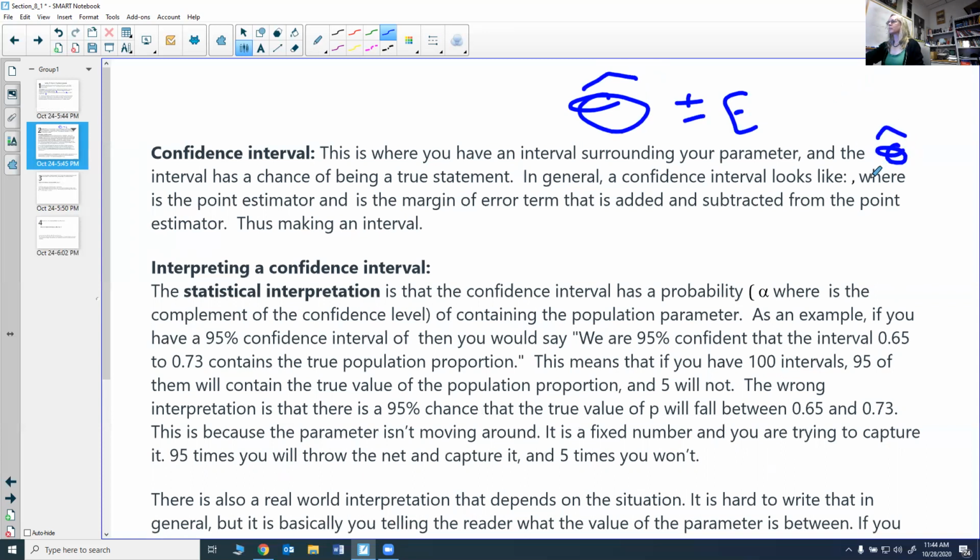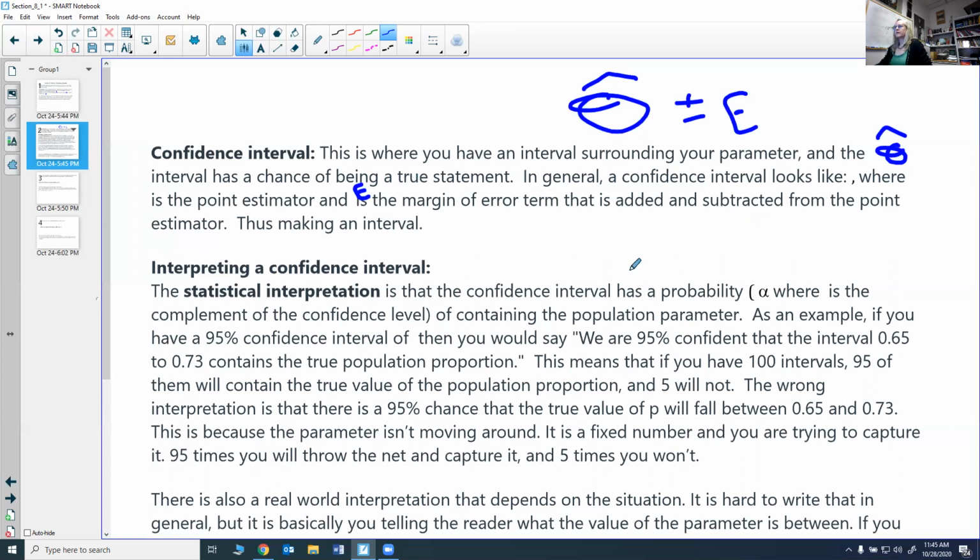Again, it could be the X bar, it could be the sample standard deviation. And that E is the margin of error, what you're actually adding or subtracting from both points. We always see these when we talk about proportions. We say the proportion is whatever number plus or minus 3%. That 3% is the margin of error. And this makes an interval.